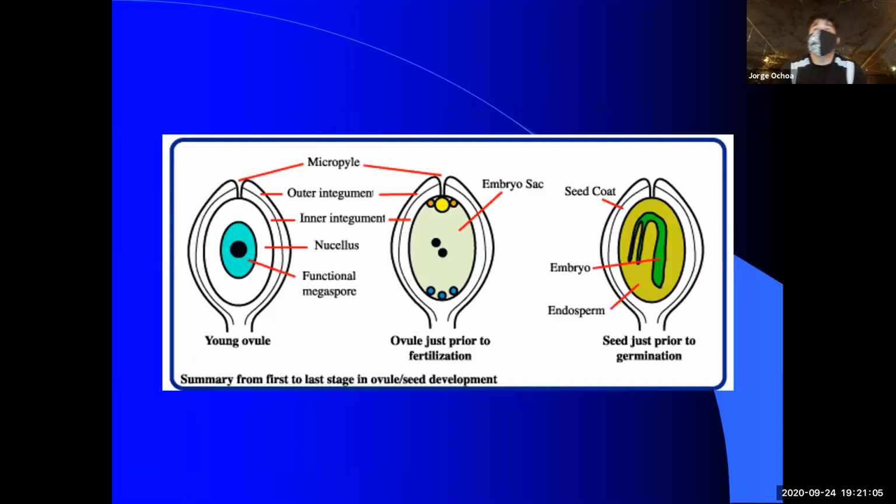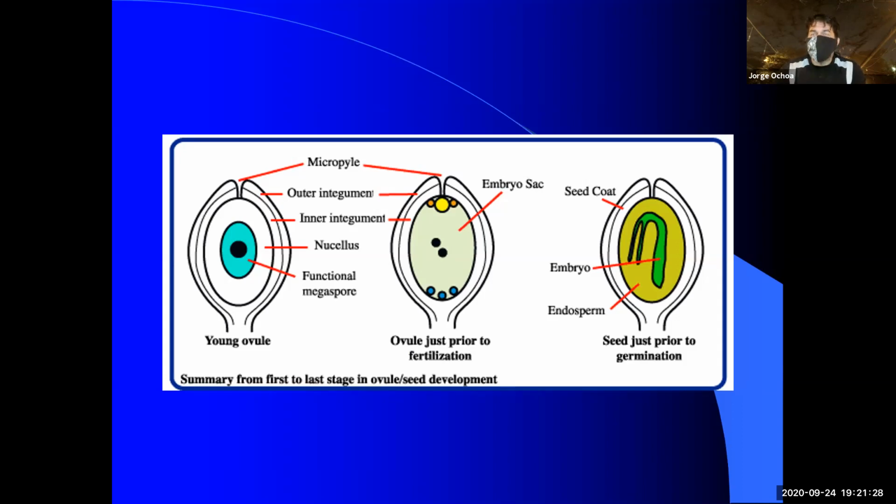And so this is just what eventually will happen. You have first the young ovule that is then fertilized, and that will then become the seed of the plant, with an embryo and the endosperm, that is going to be this reserve or the starch, and then the seed coat that will later be developed.